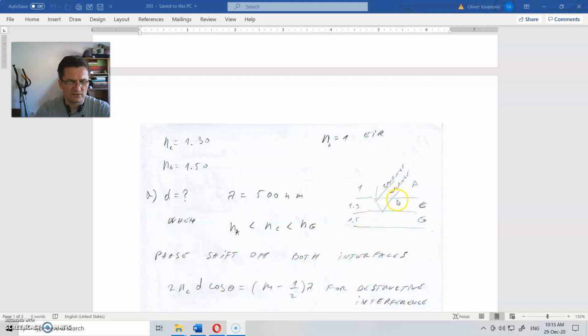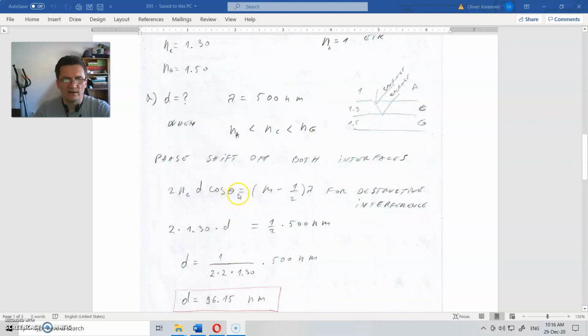When both phases change, it is just like they didn't change at all. So 2 times n_c, that is 1.3, times d, d is thickness, times cosine of theta is equal to (m minus 1/2) lambda. And that is for the destructive interference. That is what we need, and we need to find d.